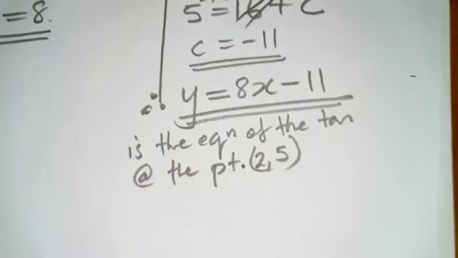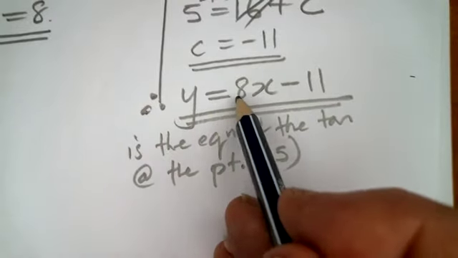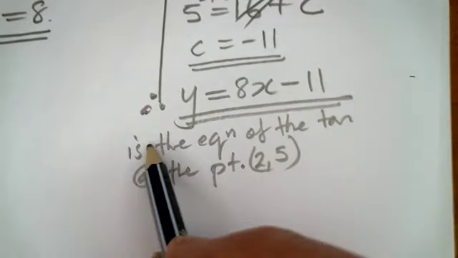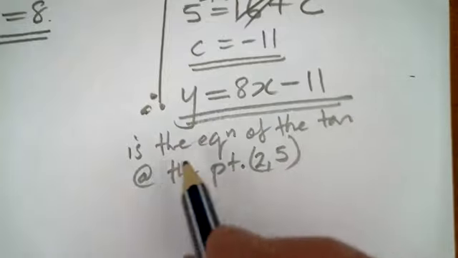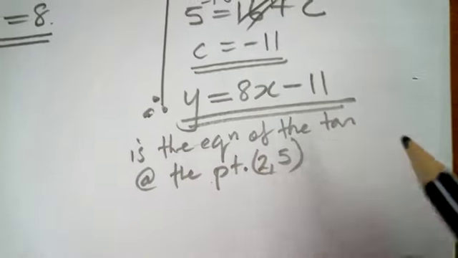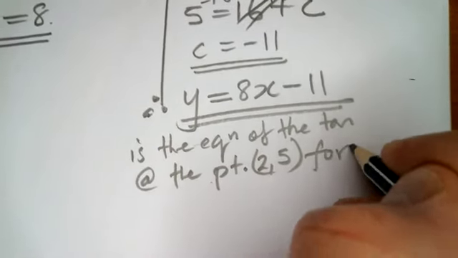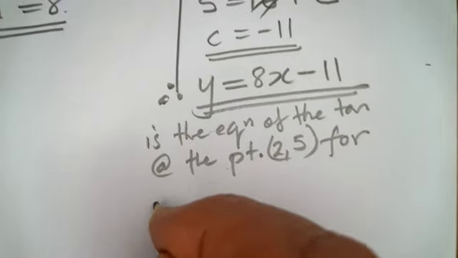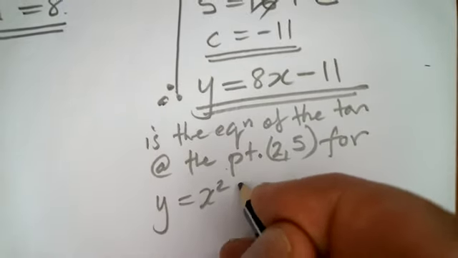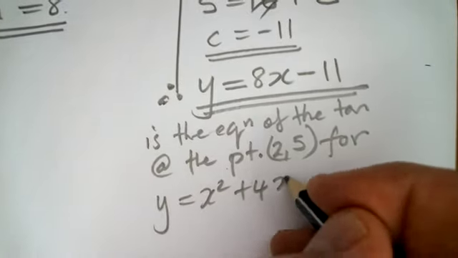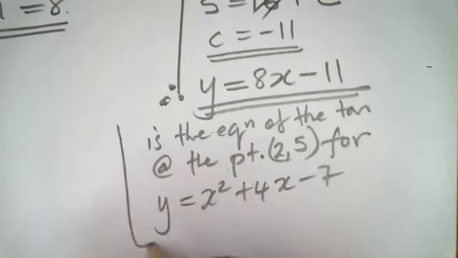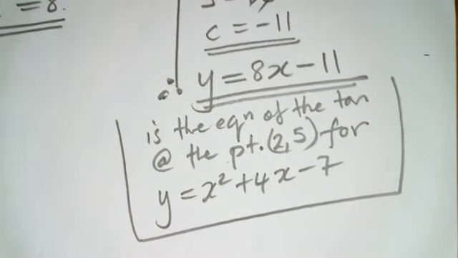So you need to be able to state all of that. So y equals 8x minus 11 is the equation of the tangent at the point 2, 5, to y equals x squared plus 4x minus 7. You need all of that, yes? Get all of that, and we're good, yes? You've got to be able to state the whole thing.